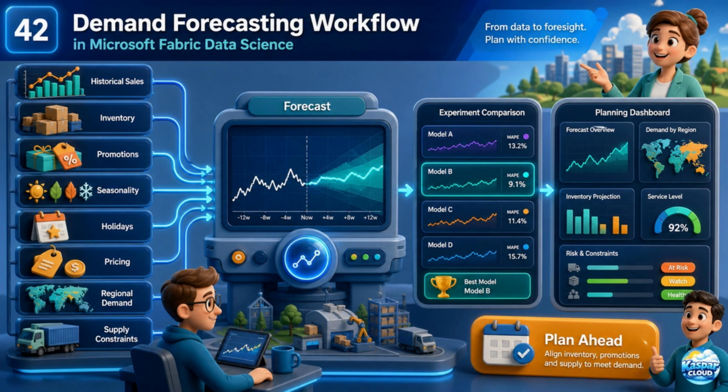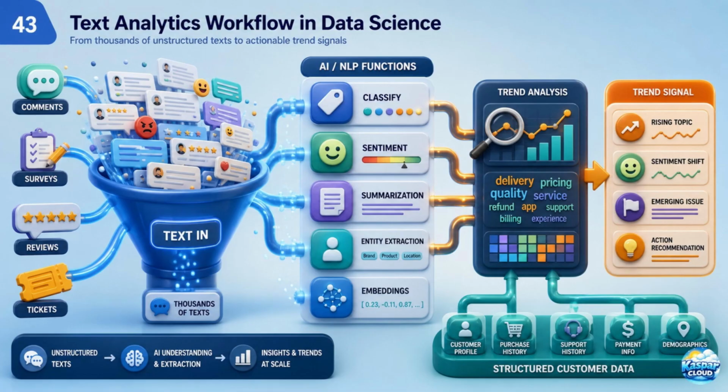Fabric helps because the same platform can store historical data, run modeling notebooks, manage experiments, and expose forecasts directly through Power BI. A text analytics workflow demonstrates where generative AI becomes especially valuable. A company may have thousands of customer comments, survey responses, product reviews, or support tickets containing important business insights.